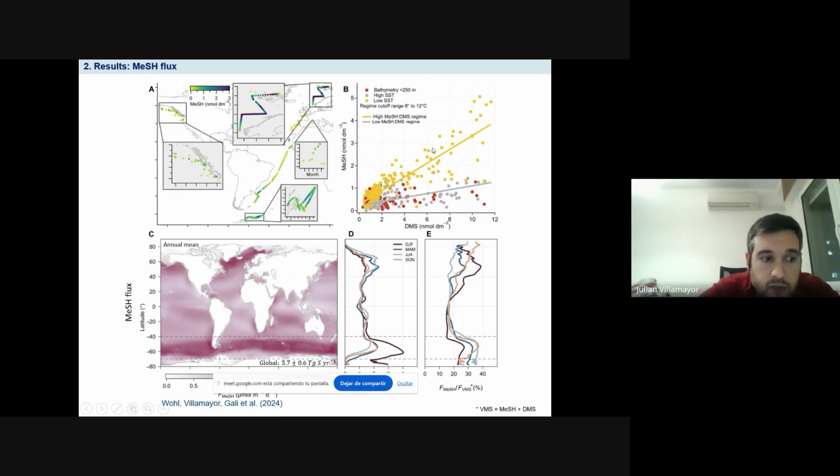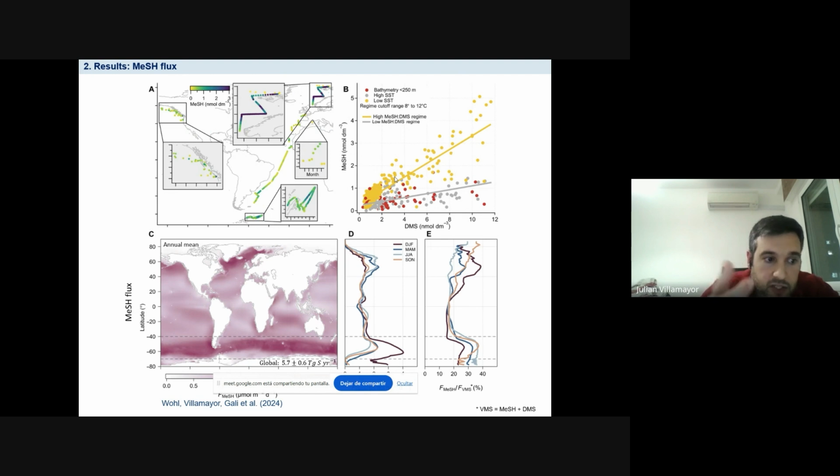These two-regime empirical model allowed the construction of global fields of climatological monthly methanethiol seawater concentration from global DMS, observational SSTs, and bathymetry.